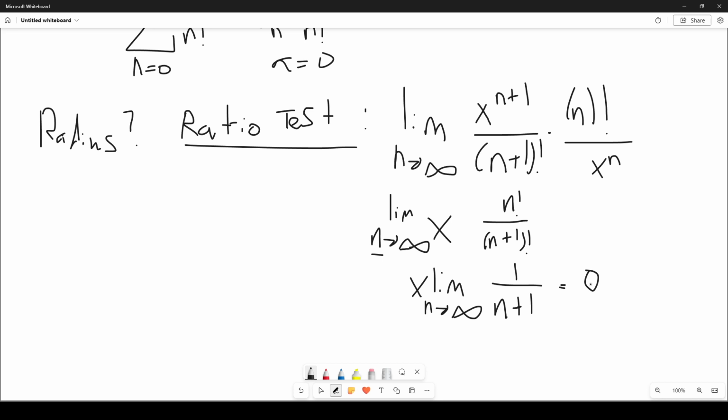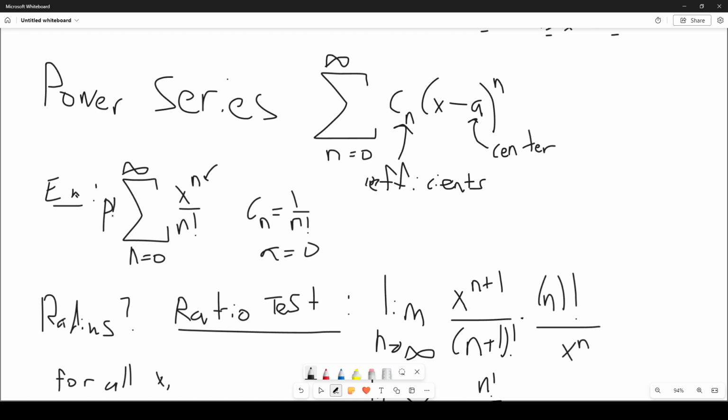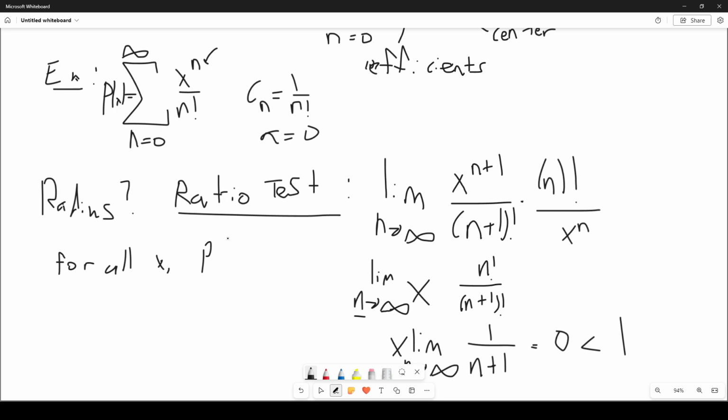So in general, we find that this total expression is equal to 0, which, by the ratio test, is less than 1, which means for all x, the power series, let's call this p of x, converges. In general, we say that this means r equals infinity.